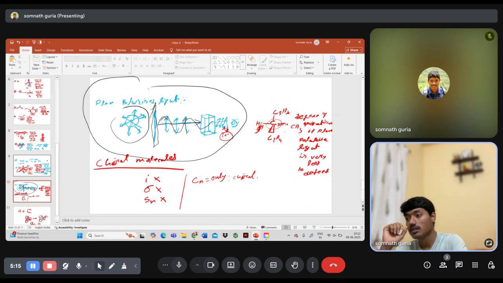if there is an isomer over there, that chiral molecule turns this plane polarized light into another plane. This is called optical activity, and it is measured by a polarimeter. Depending on how much my light is rotated in a certain direction, in a particular degree, we can measure the degree of optical activity.